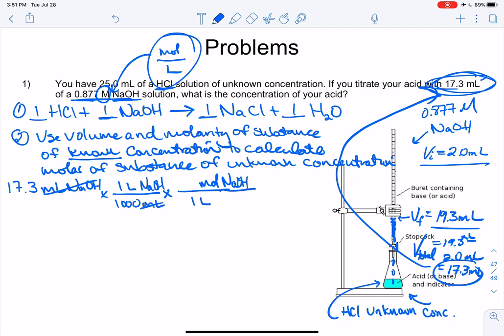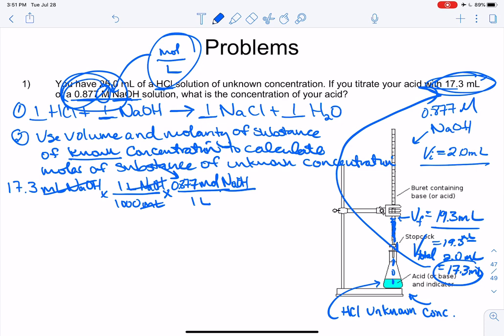And what number goes right here? 0.877. So we have 0.877 moles of sodium hydroxide per every 1 liter. And that's what 0.877 big M NaOH means.